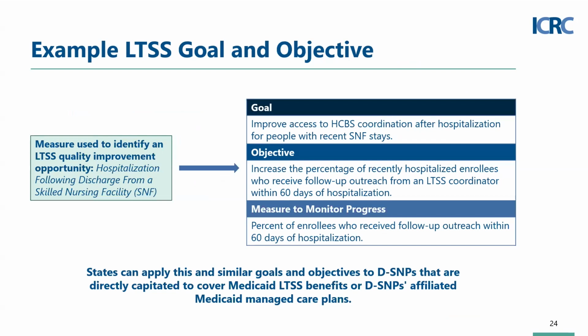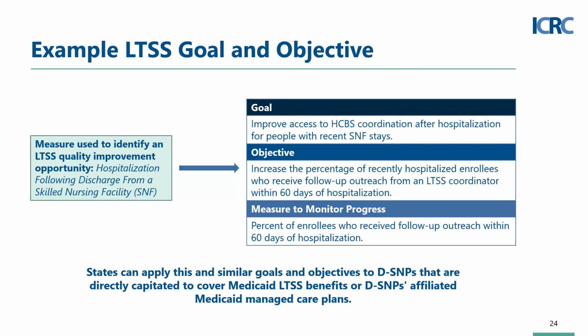This slide contains an example LTSS goal and objective. After identifying a quality improvement opportunity using the hospitalization following discharge from a skilled nursing facility measure, the state could set a goal to increase access to HCBS coordination after hospitalization for enrollees with recent skilled nursing facility stays.